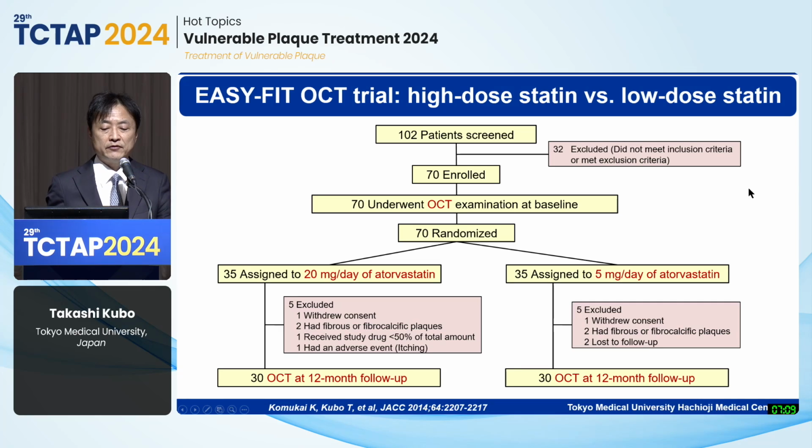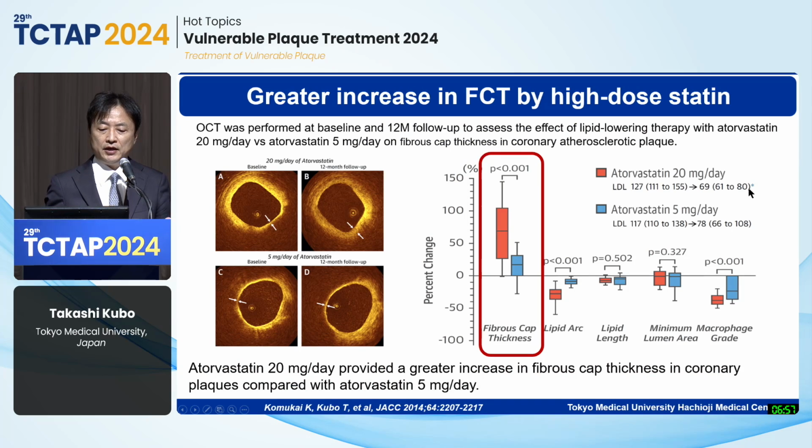So previously, we performed the EASY-FIT OCT trial comparing high-dose statin versus low-dose statin using serial OCT imaging at baseline and 12 months follow-up. This study demonstrated high-dose statin provided a greater increase in fibrous cap thickness in coronary plaques compared with low-dose statin.